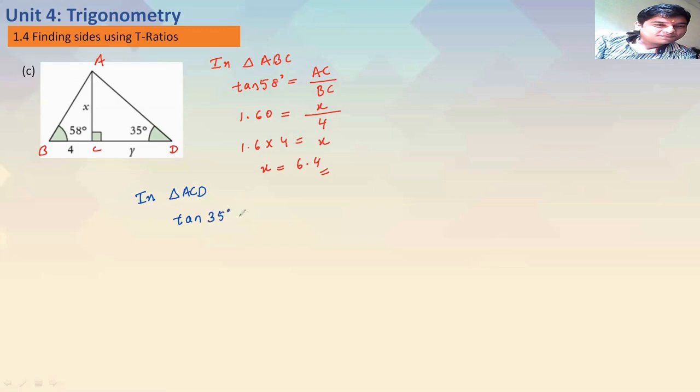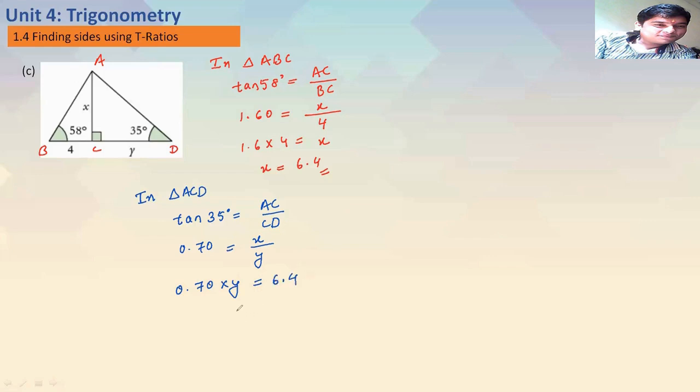Tan 35 degrees is equal to AC over CD. Tan 35 is 0.70. So 0.70 equals X over Y, where AC is X and CD is Y. We need to find out Y. We cross multiply, and this time we need to divide.